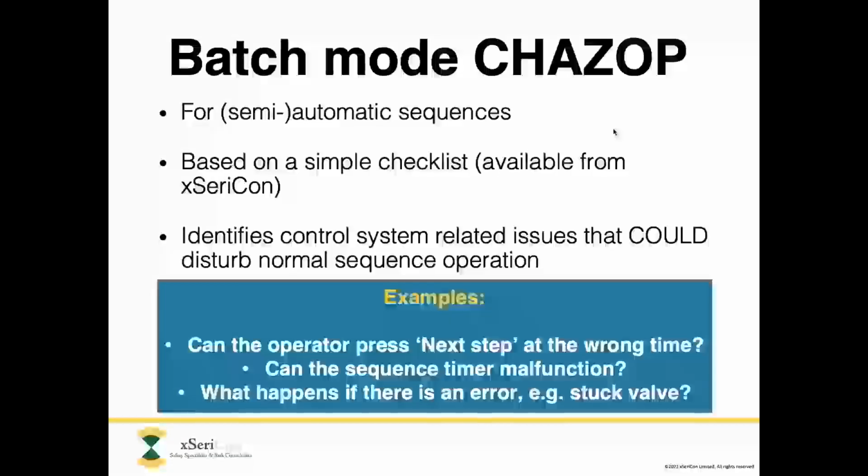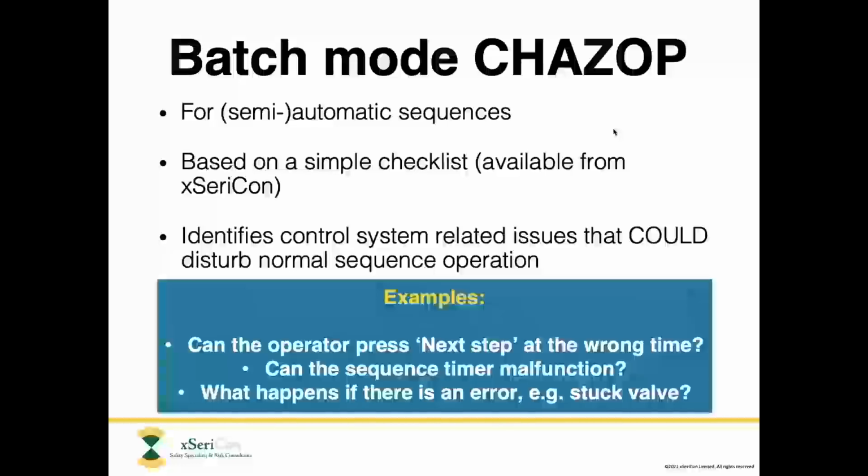The CHAZOP for batch mode would be based on a relatively simple brief checklist, which we can provide an example of if required. And what we're trying to do is to identify which types of issue in the control system, such as malfunctions or misoperations, could upset the normal intended operation of the sequence. And these are mostly yes-no questions that we would ask.